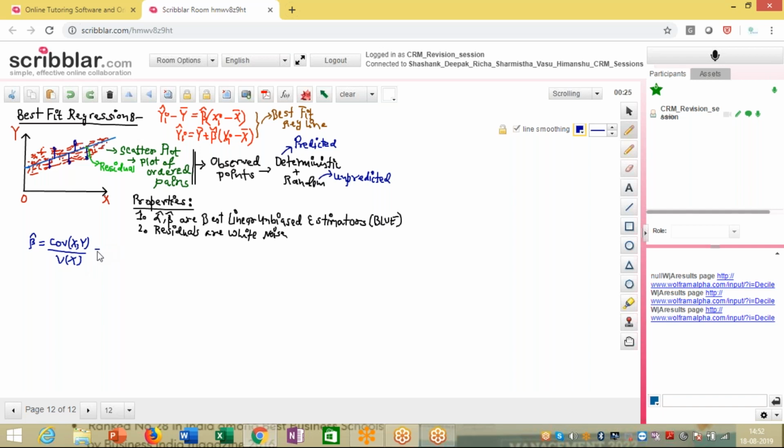Now how do I define this? The way I'll define this is very simple. This is the summation of xi minus x bar into yi minus y bar.